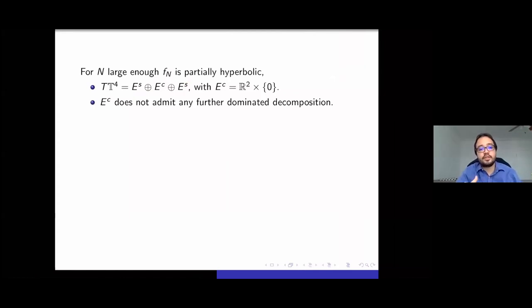Another property is that you cannot really decompose the E^c direction any further because you have some standard map acting there. Again, I'm not being very precise about this, but it's just to say that you have a genuine two-dimensional center system. It's not something that you can decompose into two one-dimensional bundles in the center.